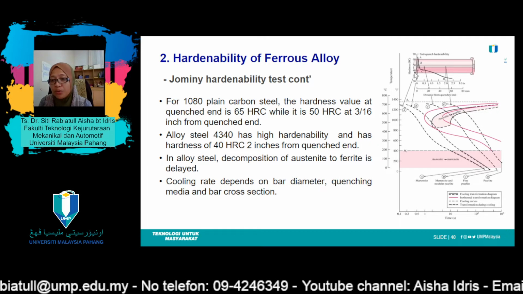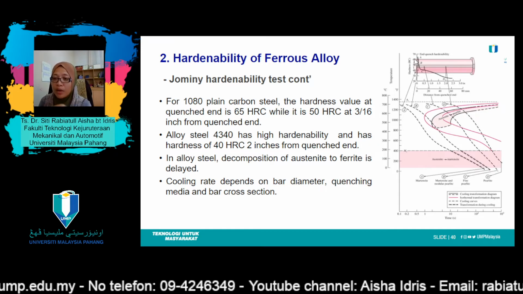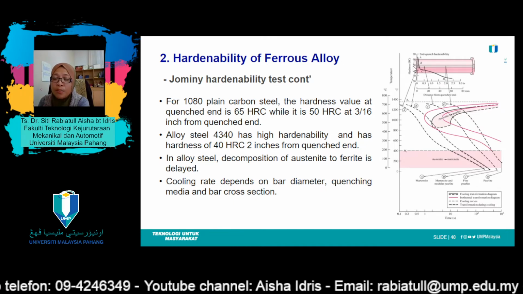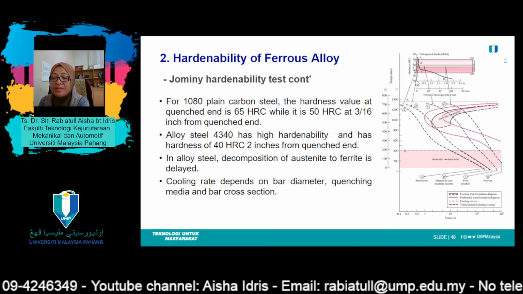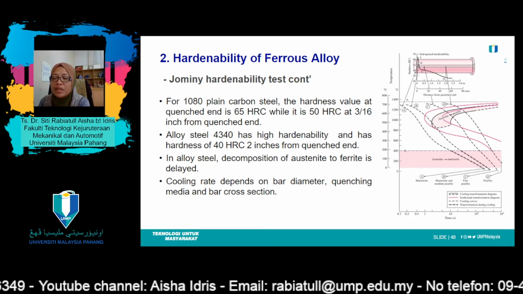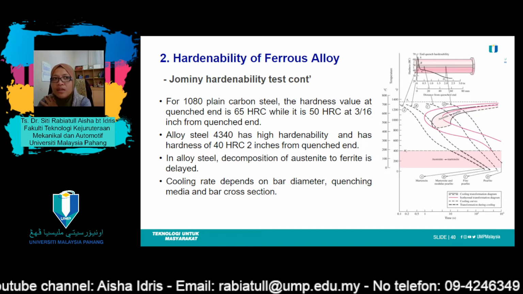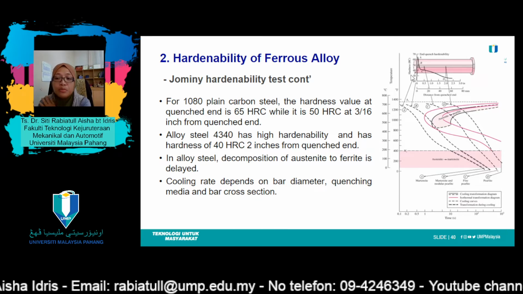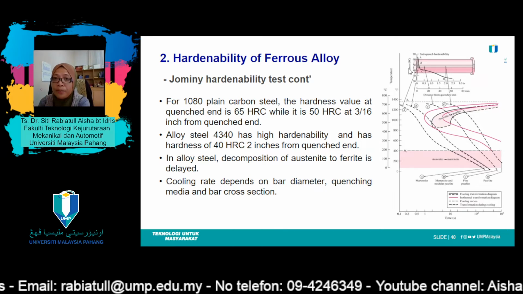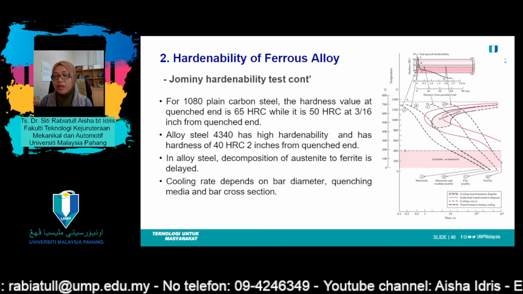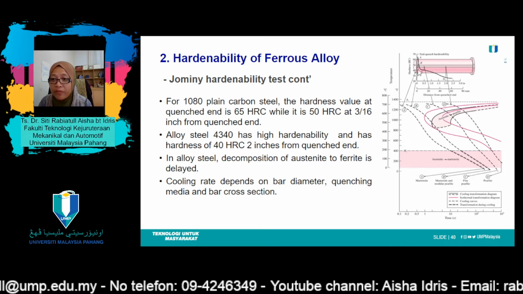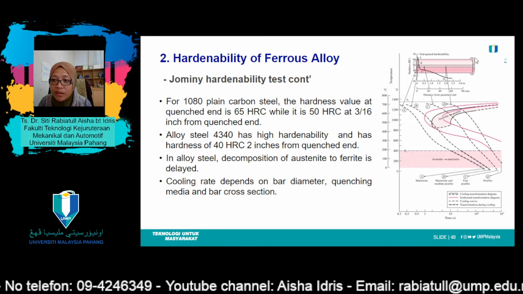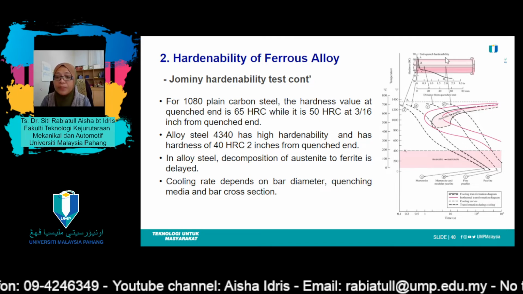So this is how you measure the hardness of the steel, starting from the point where the material starts to cool. Okay, because the water will spray at that area first, from this point. So cooling starts from this point up to the upper part of that specimen.